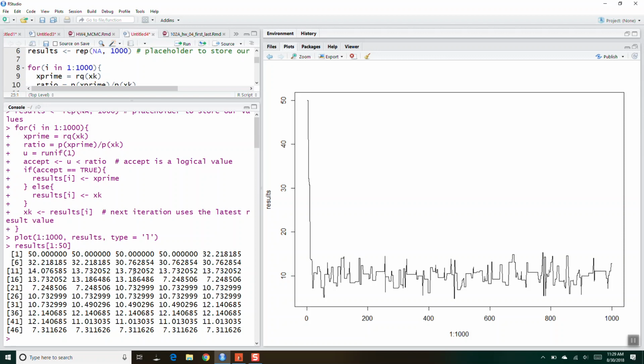And we see this thing where you get to a value, 13.732, and you're stuck at 13.732 for several iterations, okay? And then we get to 10.73299, and we are stuck there for 8 iterations. And then we get to 10.49, and we were there for 3 iterations. What's going on?